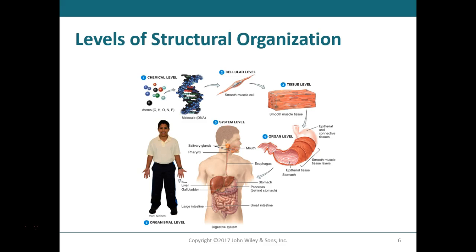All of these are organs that work with the stomach at the system level. So they create an organ system. The human body is composed of many organ systems that all work together to form a functional organism that we call a human. All right, so that gives you sort of an overview there.